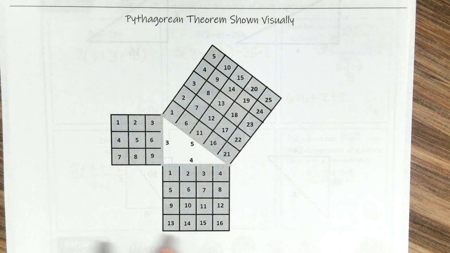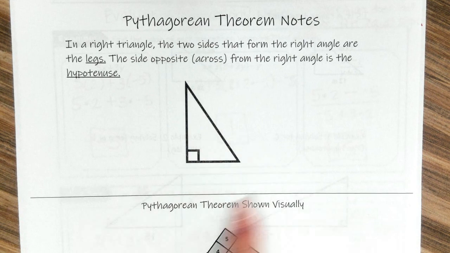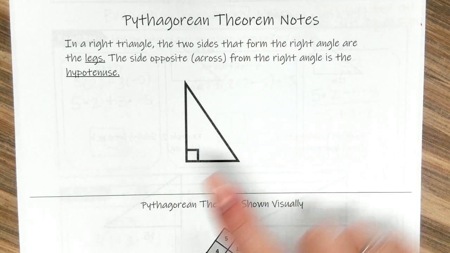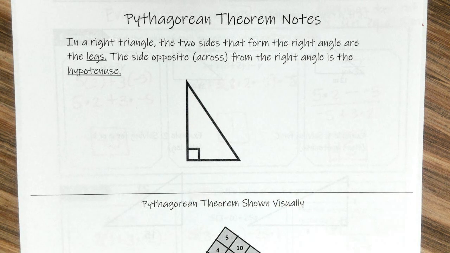What he realized is that every time it was a right triangle, this theorem he came up with worked every single time. So this is all about right triangles with these imaginary squares attached to them. Here you have a right triangle. Can you imagine a square attached here, here, and here? Yes. Okay, so that's kind of what he was playing with when he figured out this theorem.